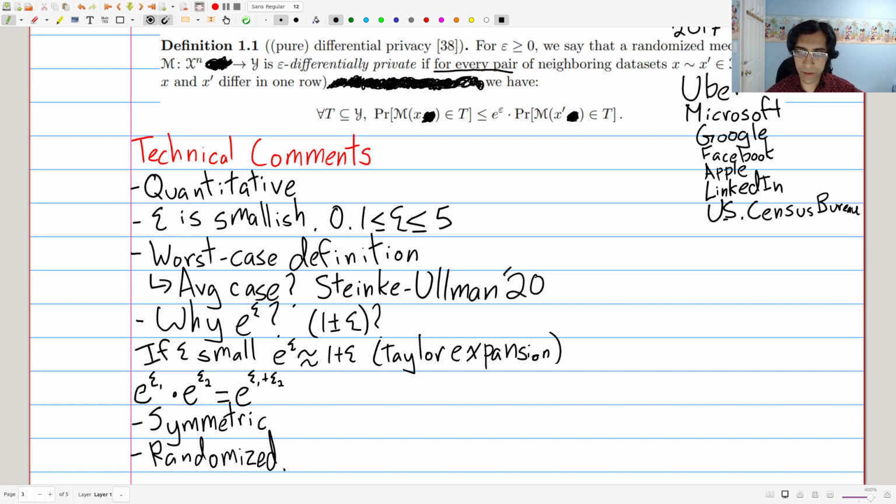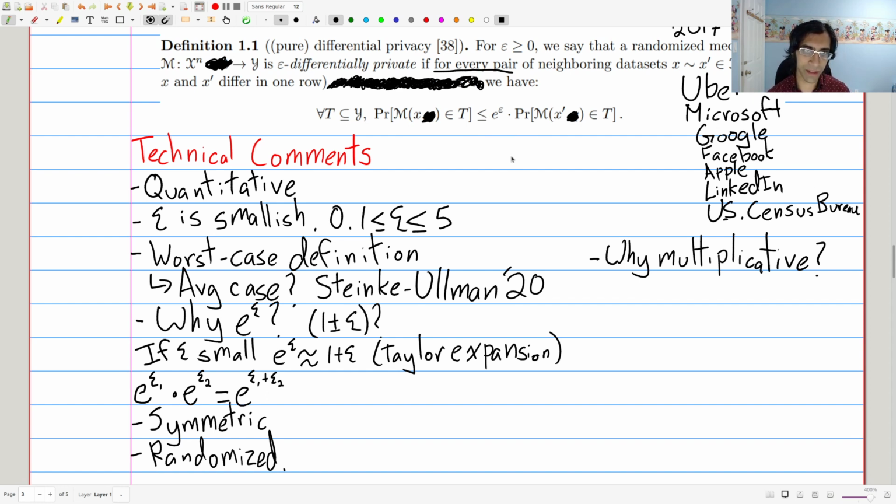Okay, there's, I guess, two more points I want to make. One thing is, why multiplicative? In the sense that, why do we have this weird notion where you multiply by this e to the epsilon? There's other notions of closeness of distribution that we could use.